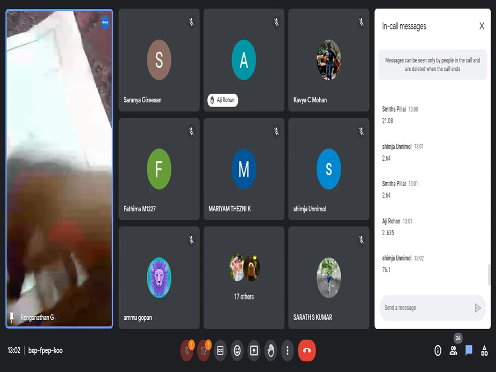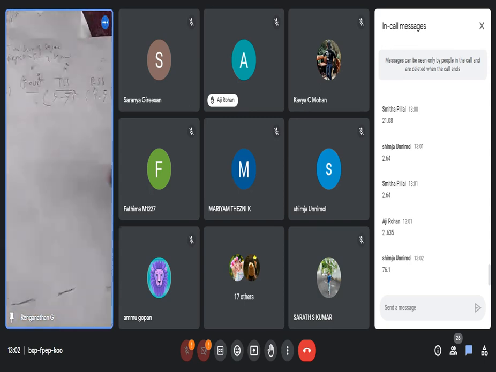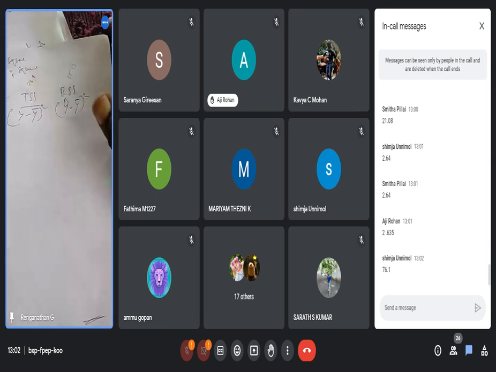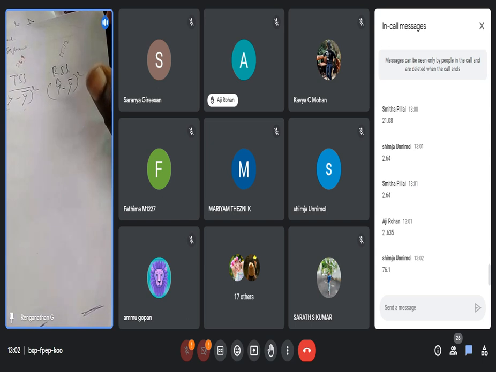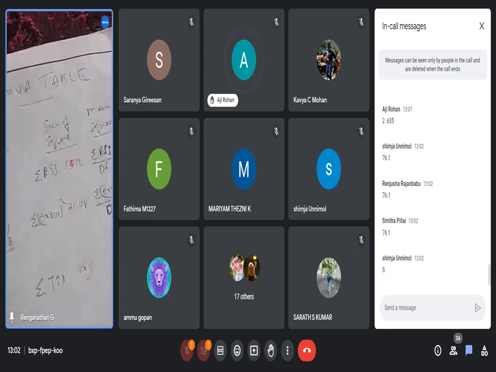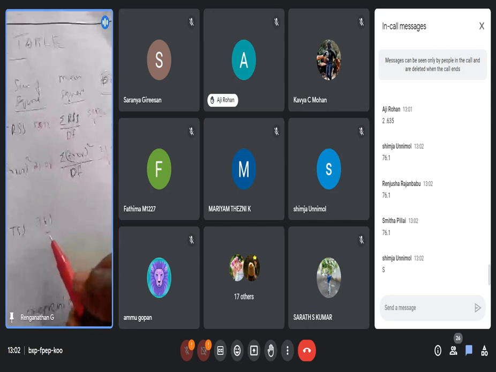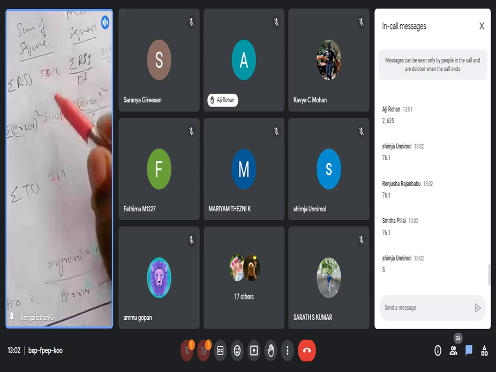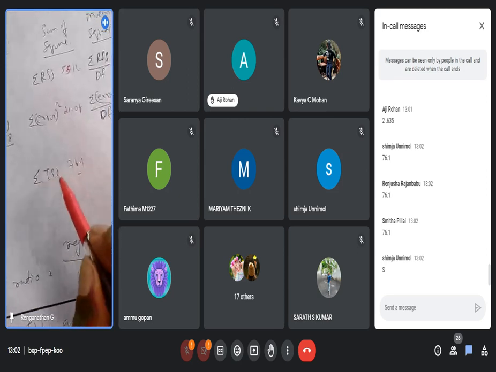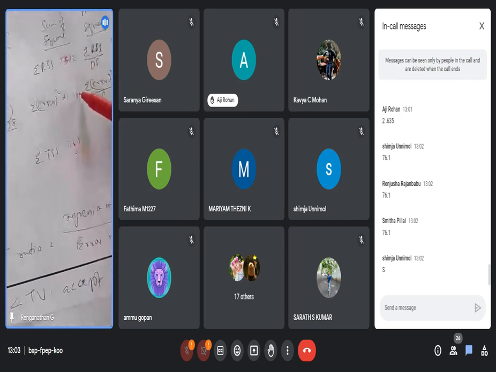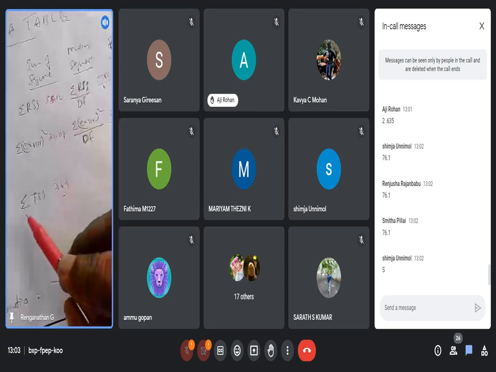Now come to the table. What is the total value of the TSS? Is it 76.1? Yes, right. That means if we have done everything correctly, this total will match with that. We just added these two and showed it here, which is sigma TSS. When we total sigma RSS with the sigma error square value, we should automatically get this value, sigma TSS.